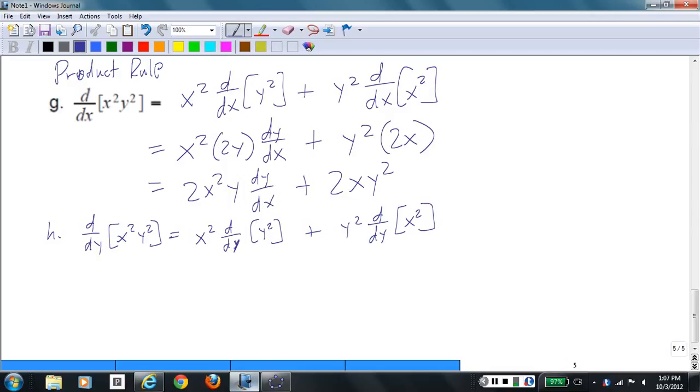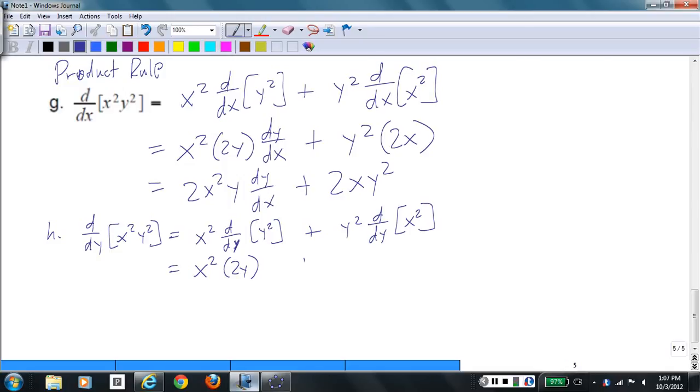It won't be often that we try to find the derivative with respect to y in this section. Actually, probably today, when we look at derivatives of some inverse trig functions, we'll find the derivative with respect to y. We won't do all that much of it. d dy of y squared, the variables match. It's just 2y. You could say 2y dy dy, but dy dy is just 1.